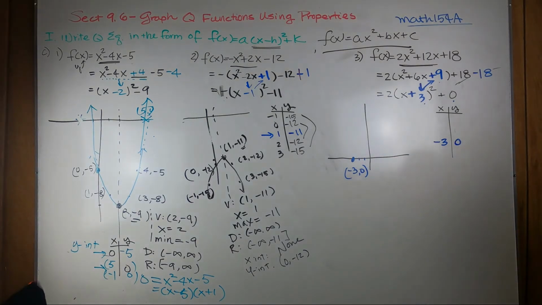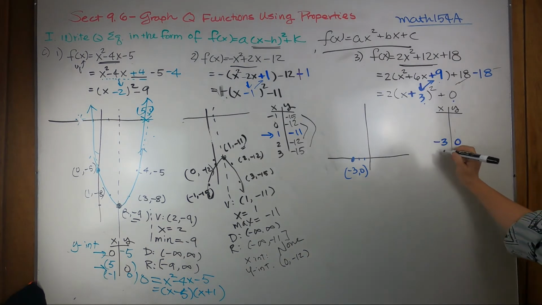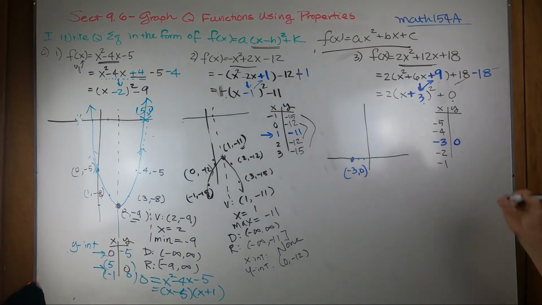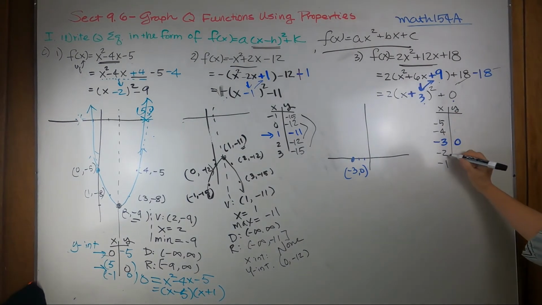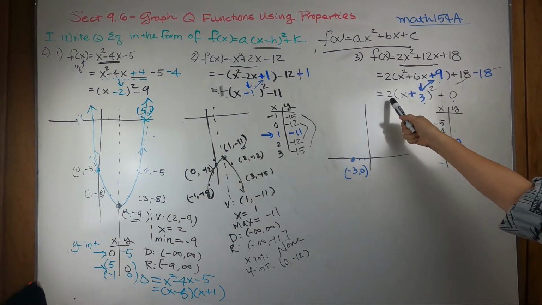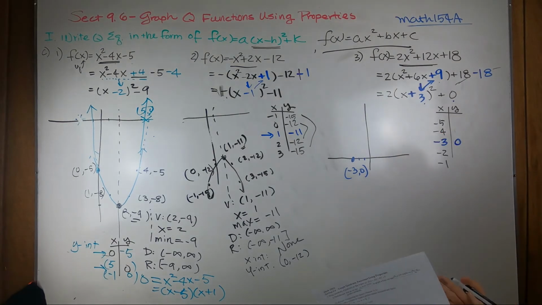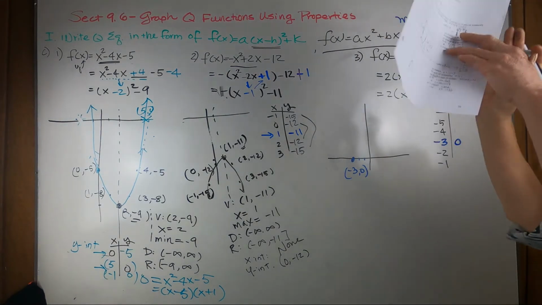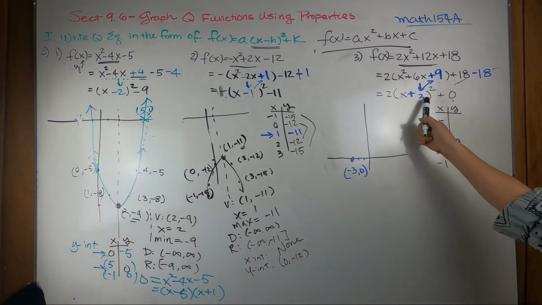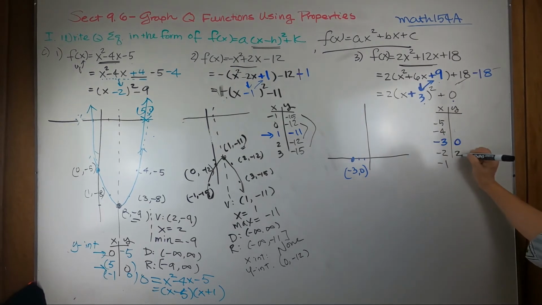Then you find the other points. One more would be negative 2, one more negative 1, negative 4, negative 5, right? So negative 2 would be, because a is bigger than 1, so it stretches, right? Thinner, right? So negative 2 is 1 squared times 2.